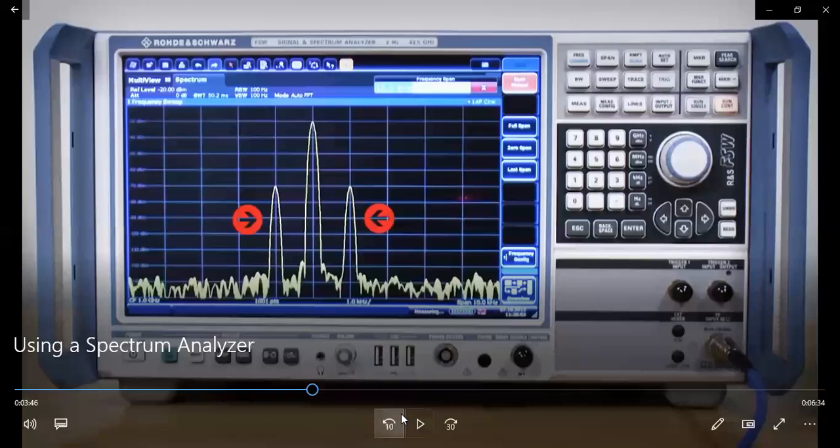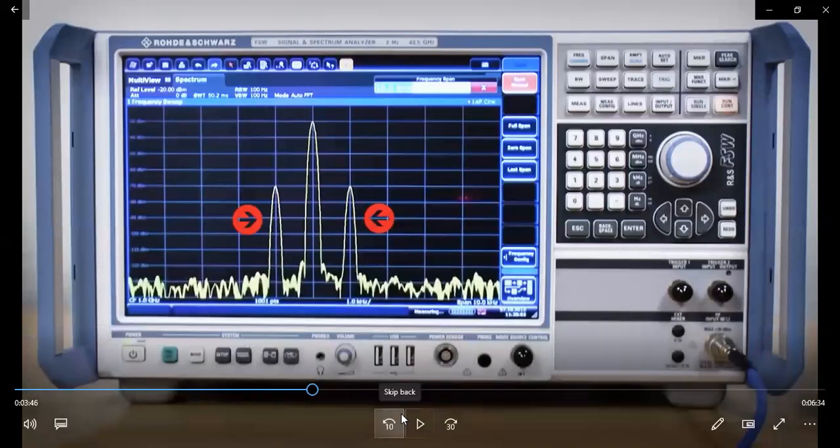As you reduce the span, you can see that actually there were three different frequency power level jumps. In fact, in modulation, a carrier with sidebands, you should have a display like this. So they can be identified.